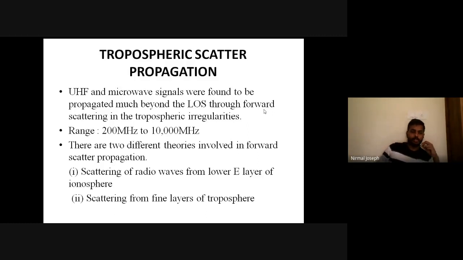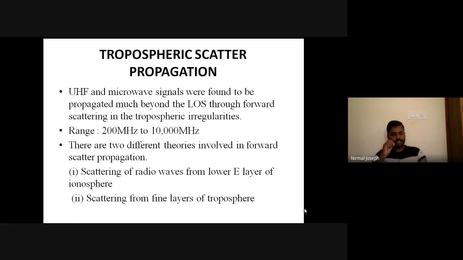So that's all about our duct propagation. Now we will move on to tropospheric scatter propagation. Okay, this is an interesting mode of propagation. Here UHF and microwave signals are found to be propagated much beyond the line of sight through forward scattering in the troposphere irregularities.